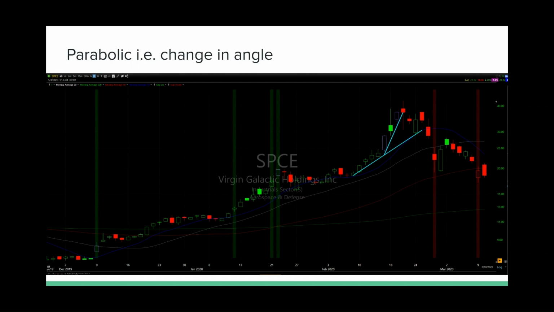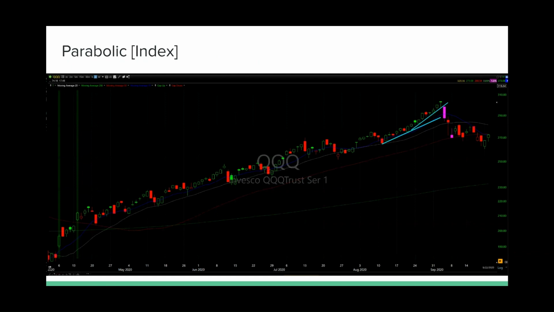Now, this can also be seen in the indices sometimes. So this is an example of the NASDAQ, the QQQ. And sometime in 2020, I remember it suddenly started to accelerate, and you can see the rate of change increased. It started to go a bit parabolic.